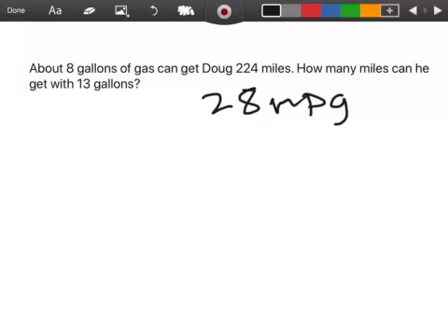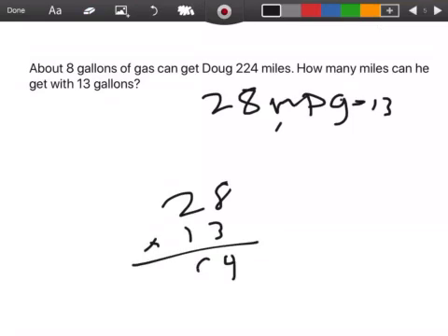So if it gets 28 miles per gallon, how many miles can you get with 13 gallons? M is basically like the x, and gallons equals 13. So 28 times 13. Actually, I'm going to do the vertical method.